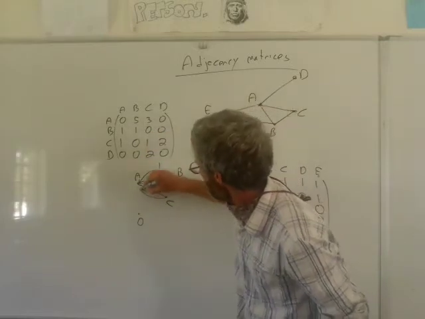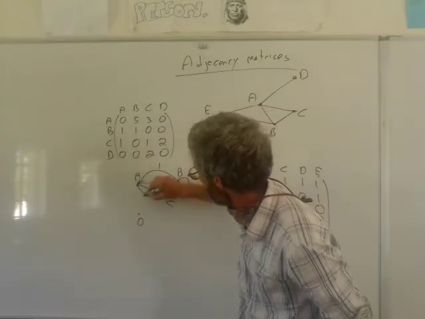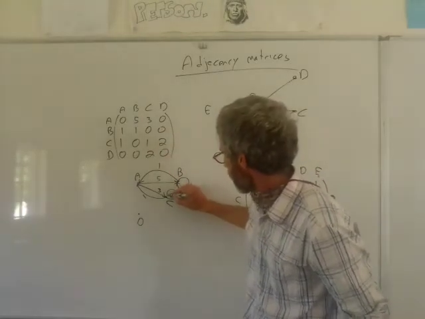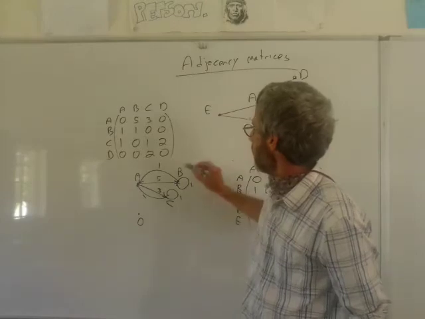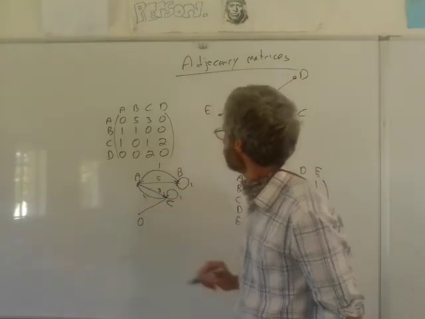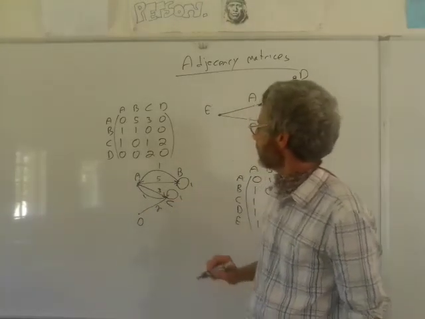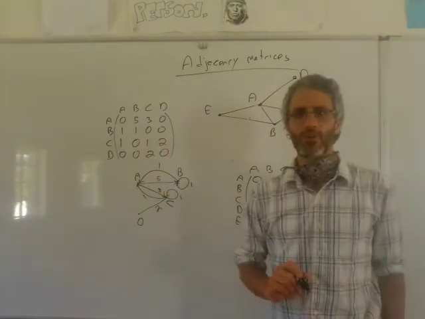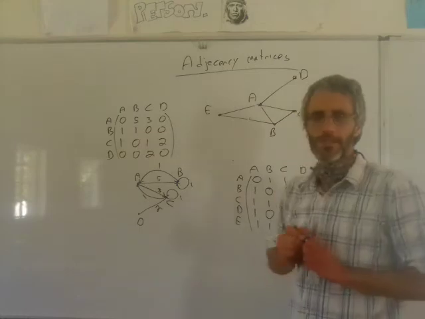So I've got another multi-edge, this is 1. C is connected to C, so we've got another loop here, which is 1. And C is connected to D, 2. D is only connected with C. So that's the graph, a little bit squashed.